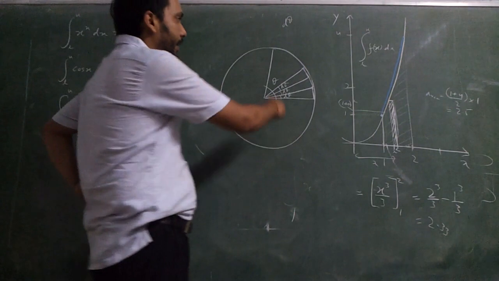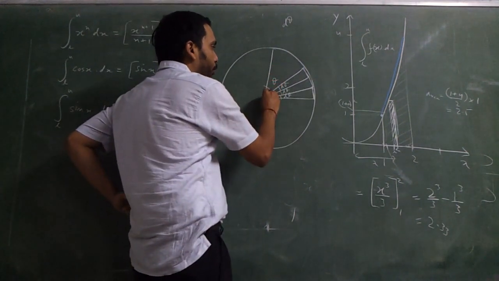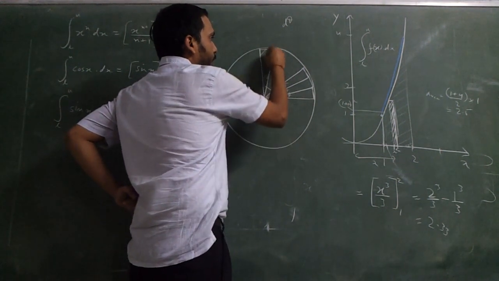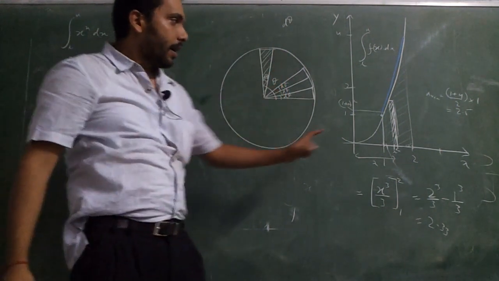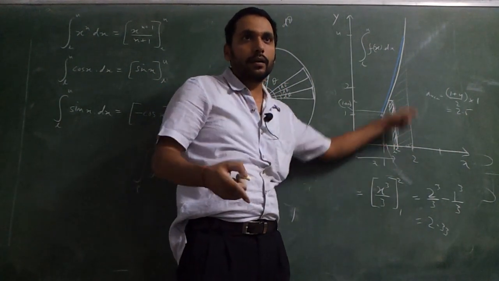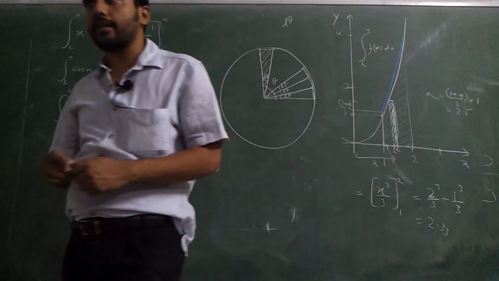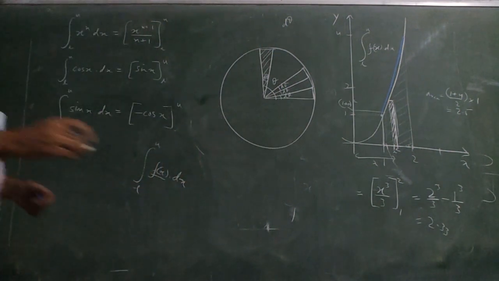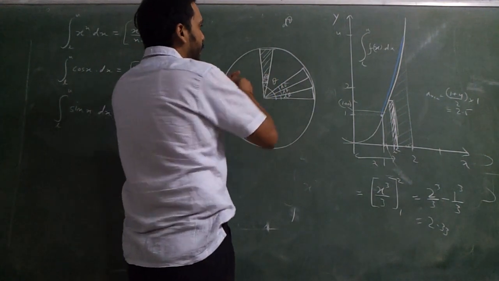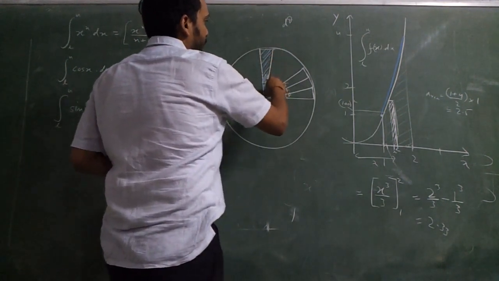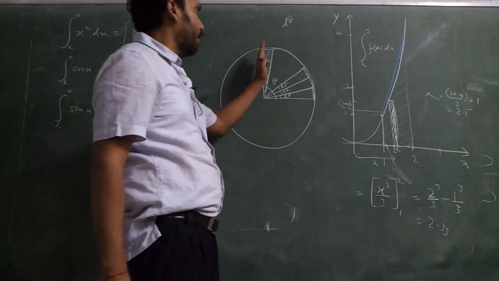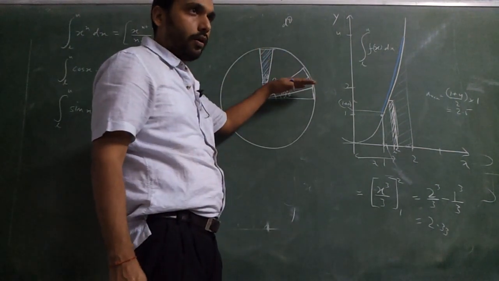At any angle theta, I am going to build up a triangle of d theta width and I am going to find the area. At any length x, I was going dx forward and finding the area between x and x plus dx, right? So here also at any angle theta, I go d theta more forward and I have to find this area. This area will be valid for all or not.